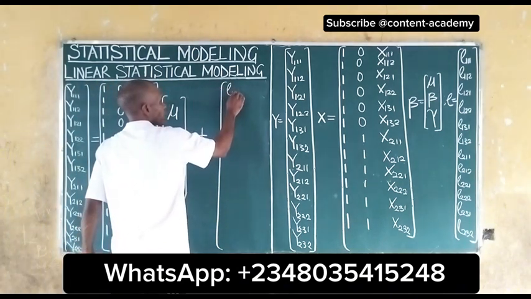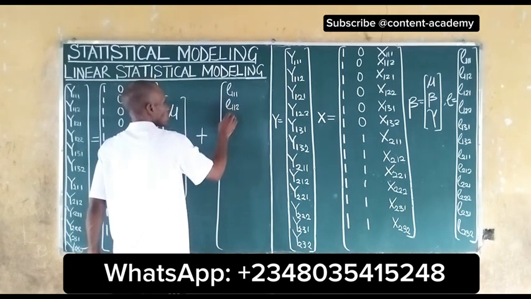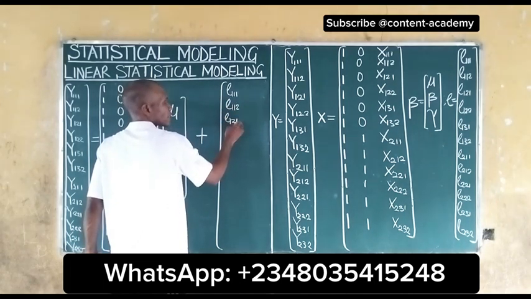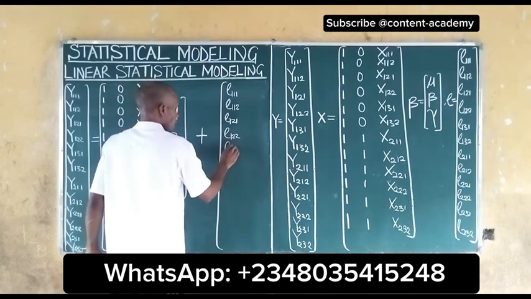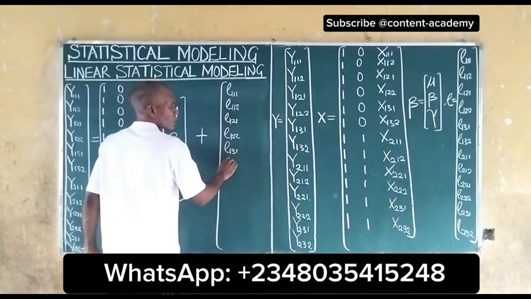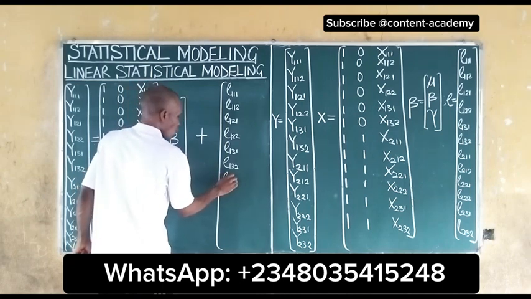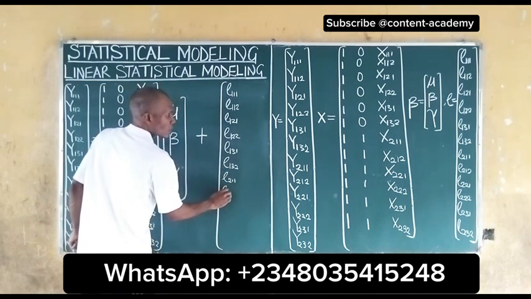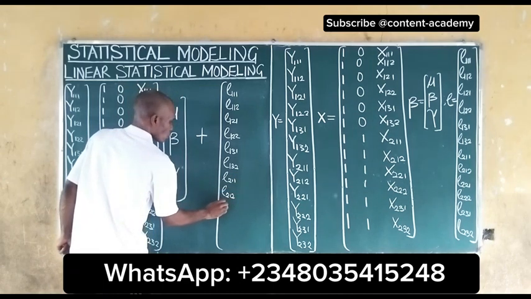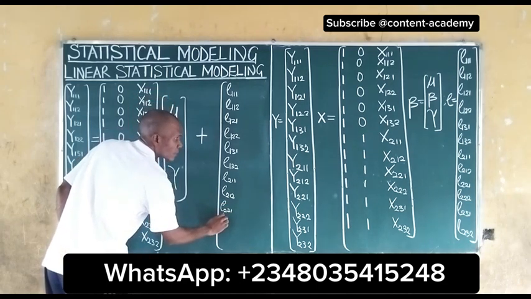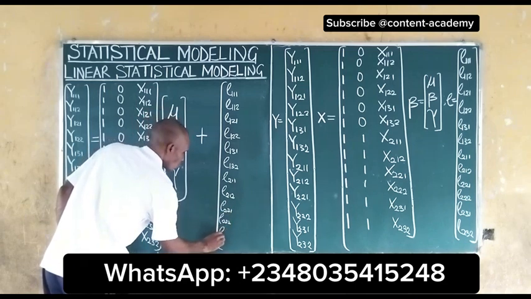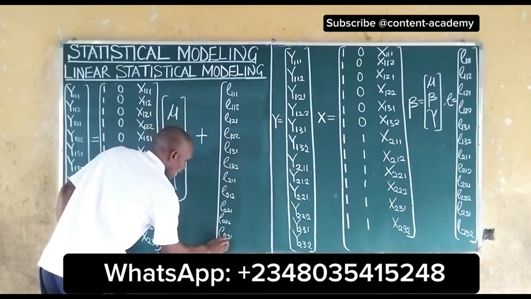Our error: 1,1,1, 1,1,2, 1,2,1, 1,2,2, 1,3,1, 1,3,2, 2,1,1, 2,1,2, 2,2,1, 2,2,2, 2,3,1, and lastly 2,3,2.